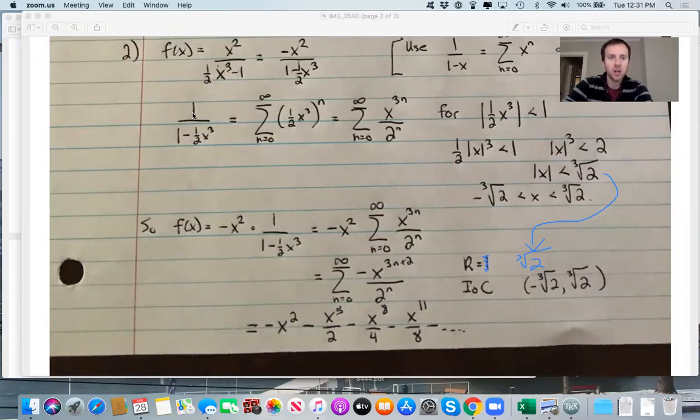So because this series that we found here has radius cube root of 2 and interval negative cube root of 2 to positive cube root of 2, if we multiply that series by x squared, we get exactly the same radius and interval of convergence.